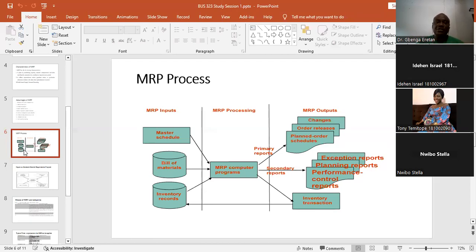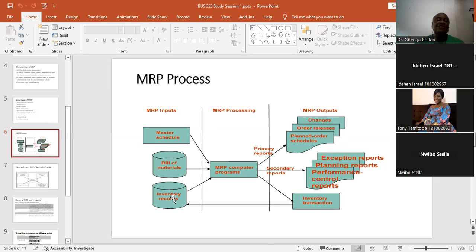Because I told you that MRP processes are divided into three: the MRP input, the MRP processing, the MRP output. Under the MRP input, you have the master schedule. The master schedule shows all the processes, all the steps that are required in order to achieve a given level of output. While the bill of material is the cost of material that is required to achieve that level of output.